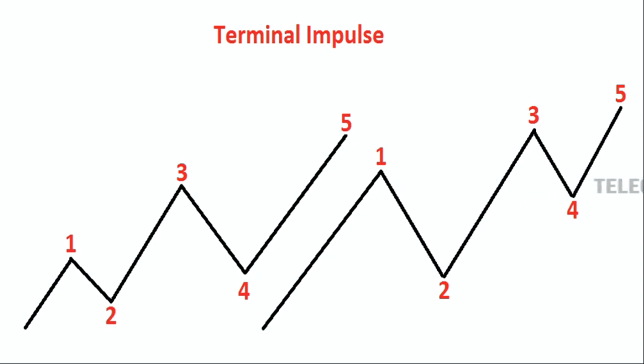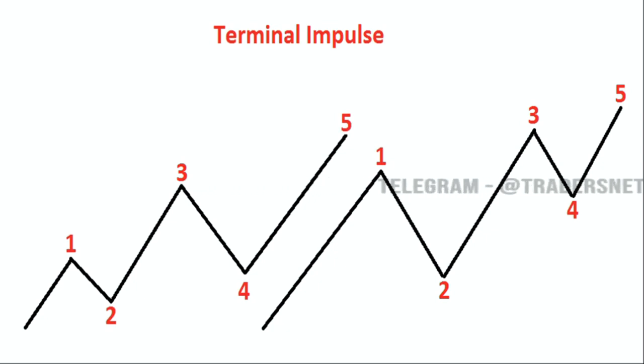Wave 2 consists of 3 subwaves. Wave 3 consists of 5 subwaves. Wave 4 consists of 3 subwaves. Wave 5 consists of 5 subwaves.